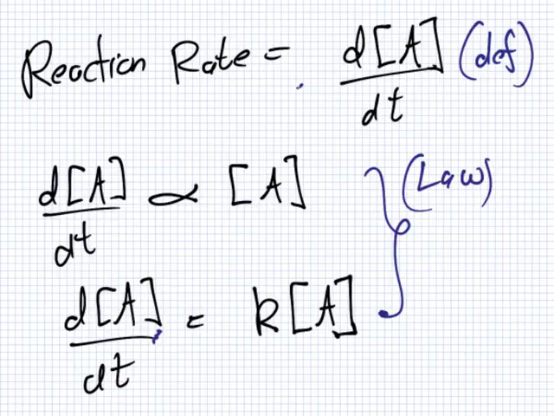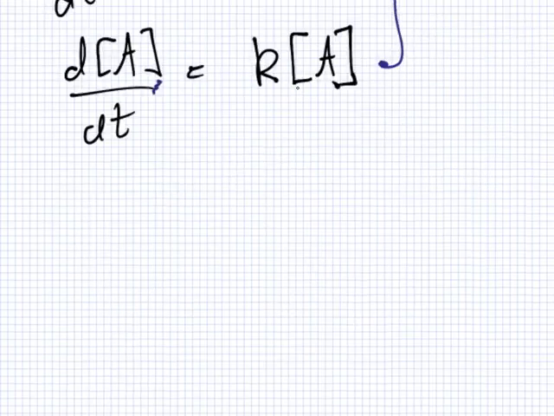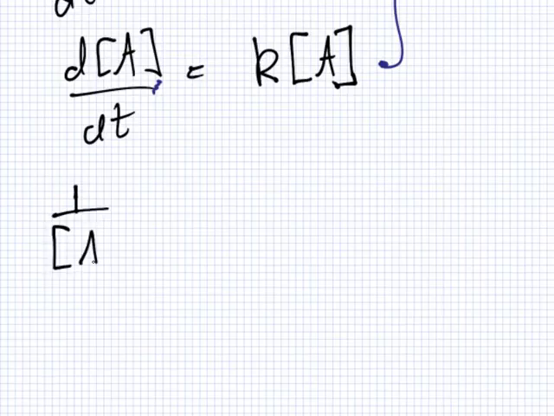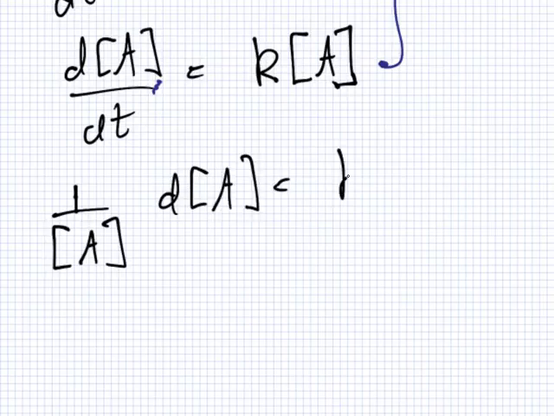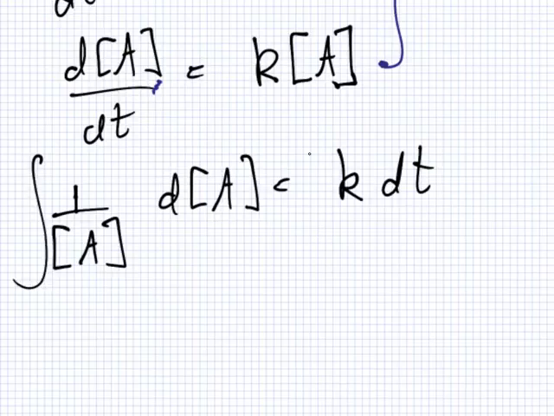Okay, let's solve this. So, what do I do first? Can I go down? What do I do first? Divide by the concentration, bring the dt up and the concentration down. Next, integrate. What's this one?